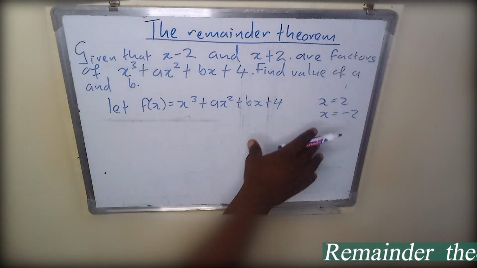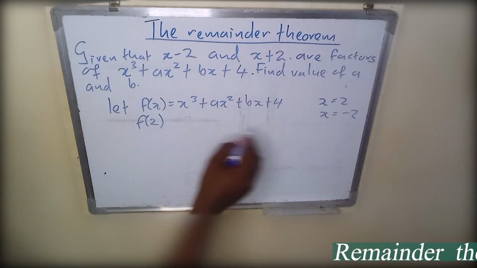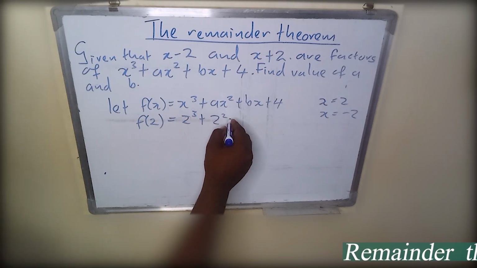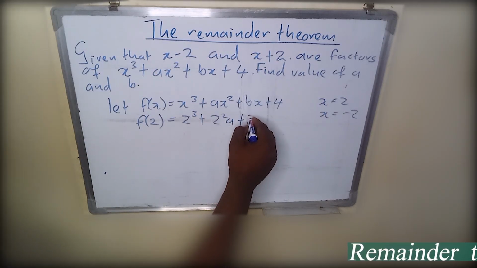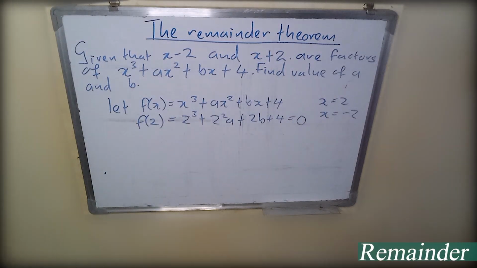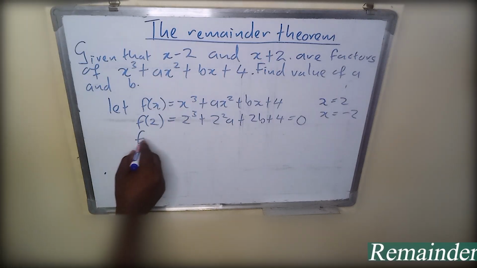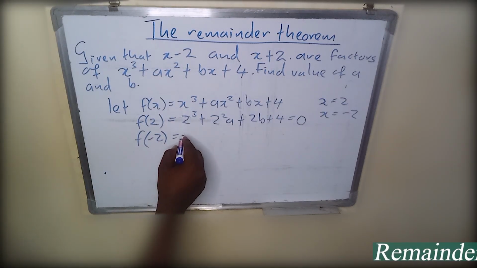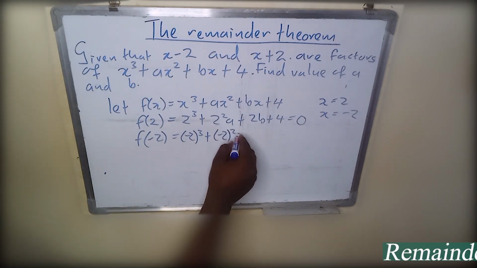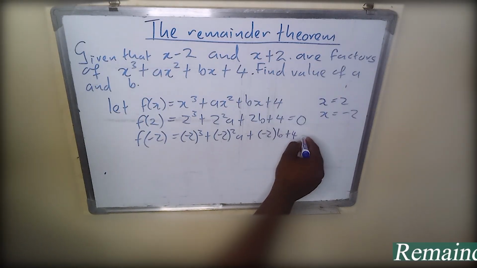So f of 2 is equal to 2 to the power of 3 plus 2 squared a plus 2b plus 4 equal to 0. Since these are factors of this polynomial, also f of minus 2 is equal to minus 2 to the power of 3 plus minus 2 squared a plus minus 2 times b plus 4 equal to 0.